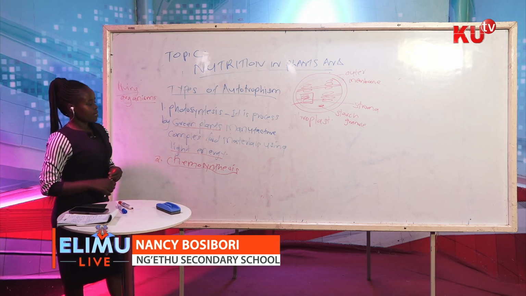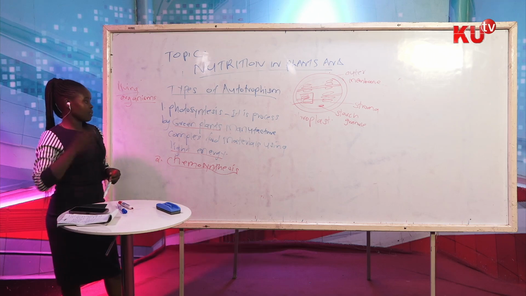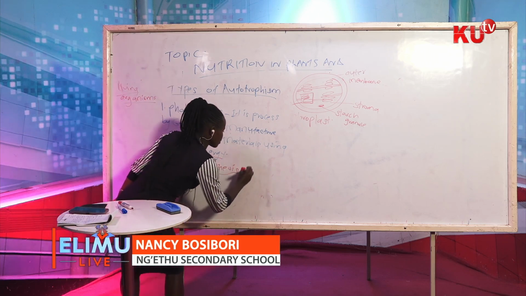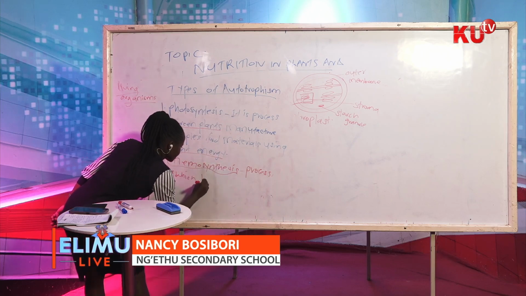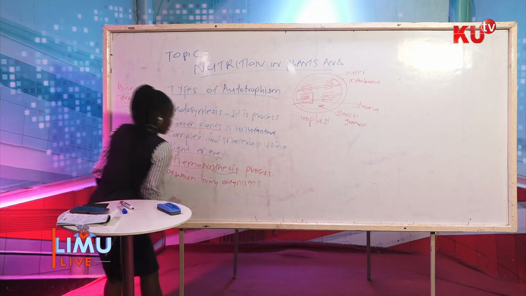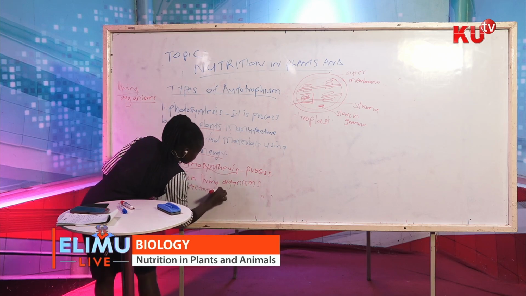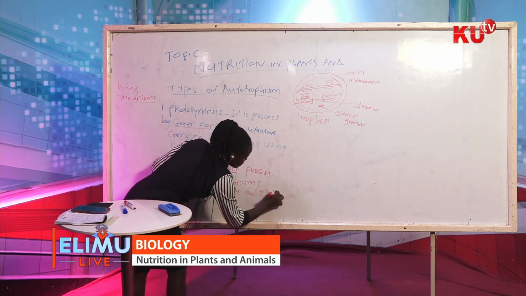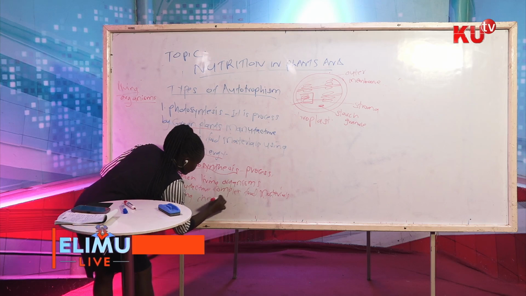Chemosynthesis is the process by which living organisms manufacture complex food materials using chemical energy.